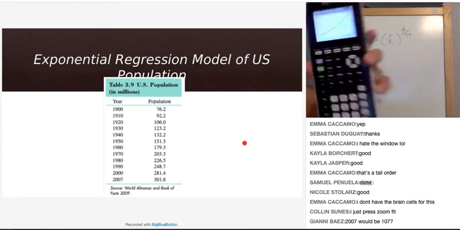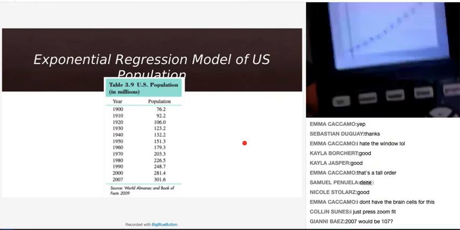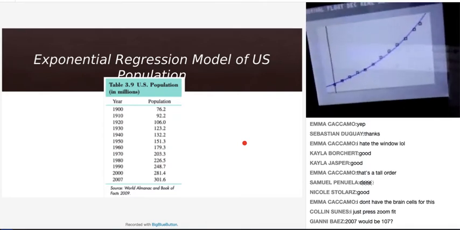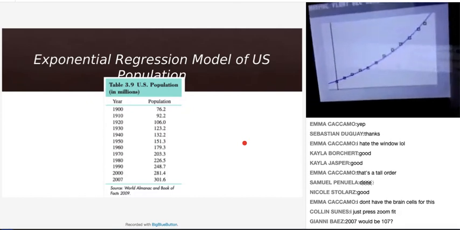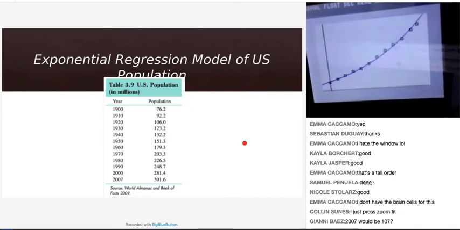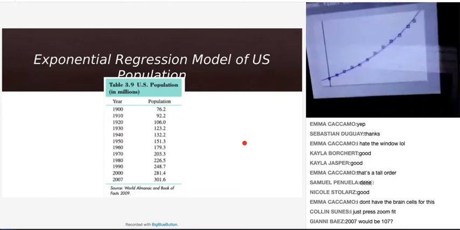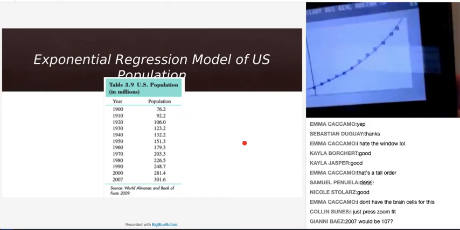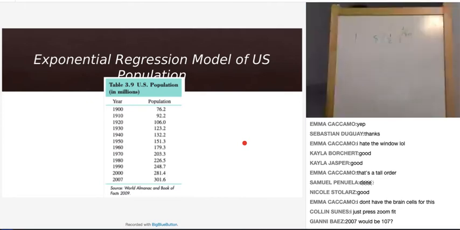All right, so keep going, but I'm not going to minimize the numbers yet, but you should get something like that where you have all the points. All right, so again, make sure you get the equation.